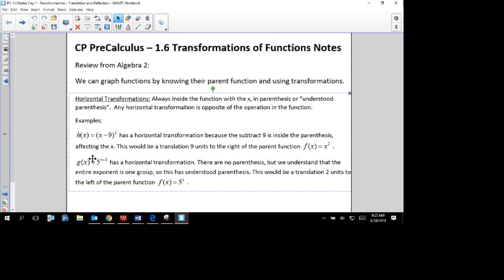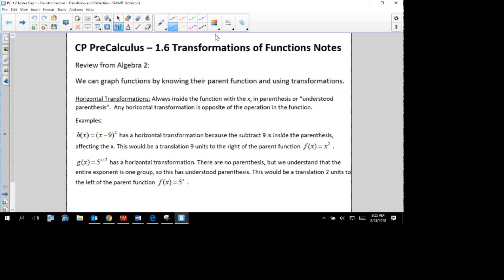Horizontal transformations, when you look at the equation, you will know it's a horizontal transformation if the transformation is inside of the actual parent function. So inside, that could mean there's parentheses, but sometimes you don't see parentheses, so you have to know that they're understood there. If you think about it being part of the function, it might help the most.